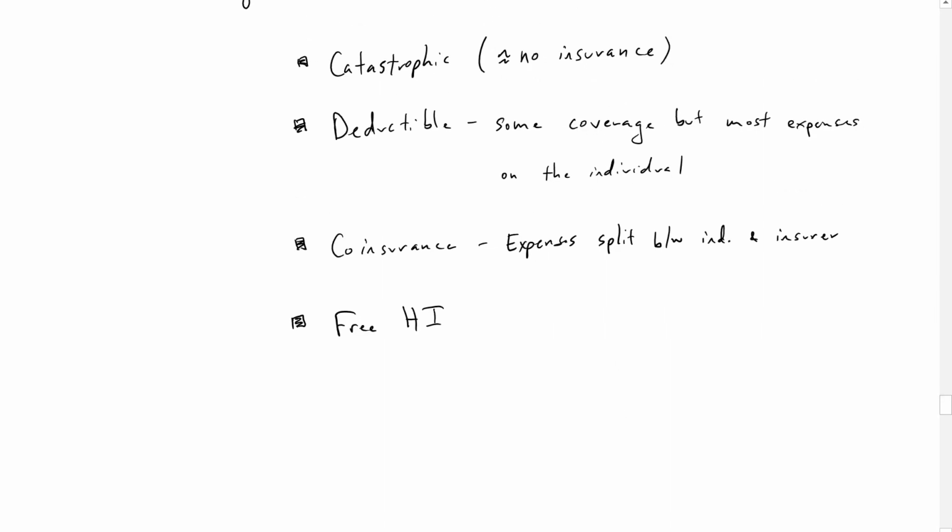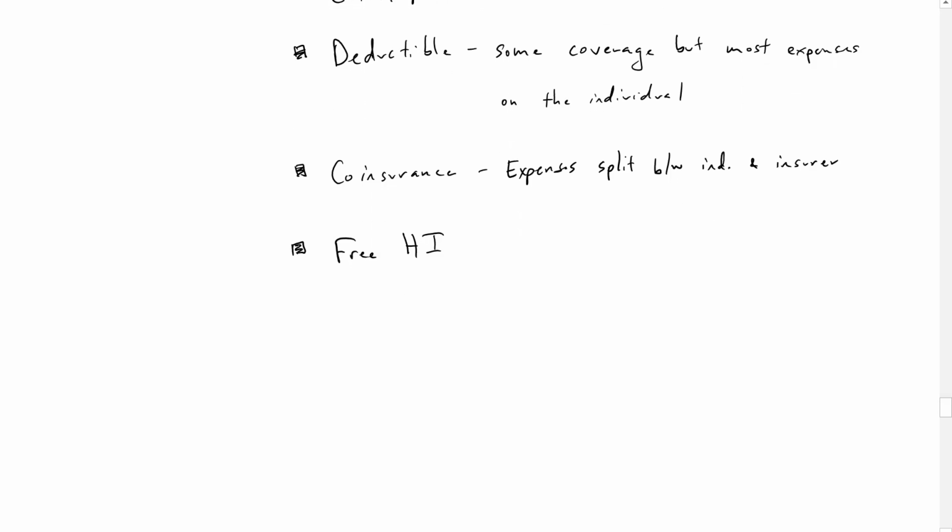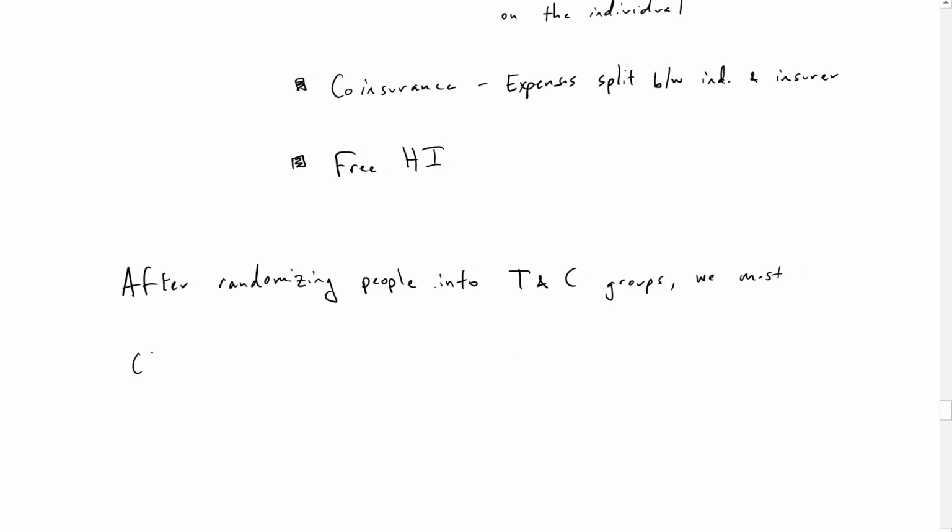Okay, and so now that we have some treatment groups, the first thing we have to do when we have a randomized controlled trial, a random assignment, is that after you randomize the people into treatment and control groups, you have to check for balance. So let's write that down and talk about what that means. After randomizing people into treatment and control groups, we must check for balance.